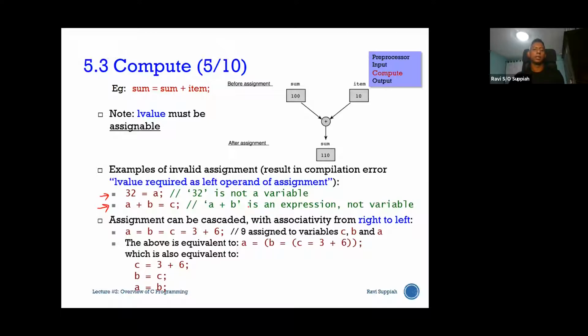Even though you may take a few more lines of code, if it adds to the readability and understanding of the code, I think it's a lot better. Okay, so in this case, what you're trying to do is compute 3 plus 6, 9, assign it to C, and then assign it to B, and then assign it to A. So at the end of this statement, A, B, C will all be equals to 9.